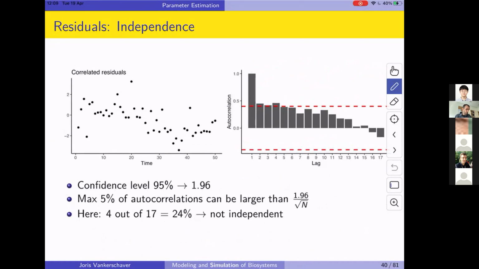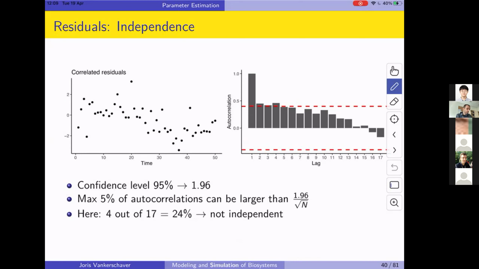So we want 95% confidence that our correlations are randomly distributed, which means we look at the 1.96 quantile, and we want a maximum of 5% of the autocorrelations to be larger than those thresholds.